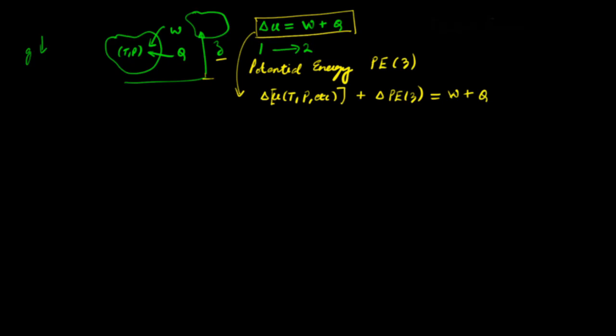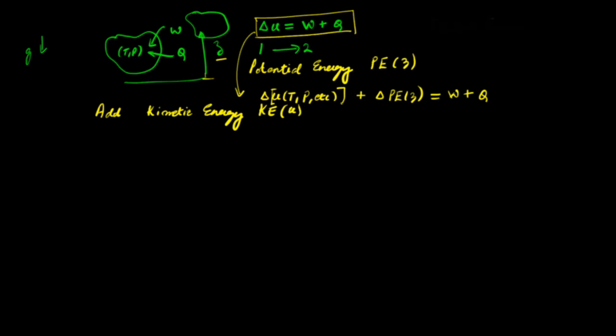Similarly, if our system is moving while its elevation is also changing, and we are doing work and transferring heat to the system, then we can add the contribution of kinetic energy, which we'll denote by KE. And kinetic energy is going to be a function of the speed.